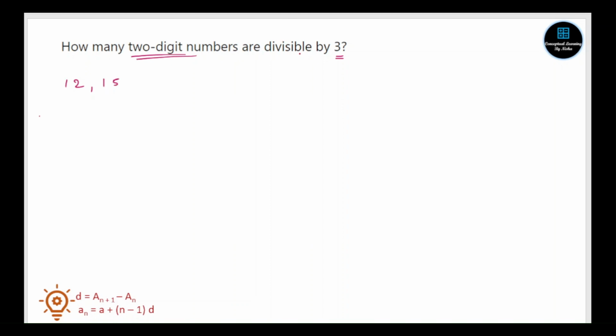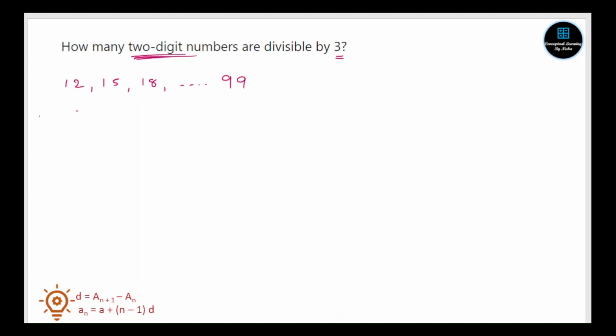Correct? 3 is a single digit, but as we need 2-digit numbers first, I'll start with 12 and keep on adding 3 to get the next number. Now the last 2-digit number which is divisible by 3 is 99. So I have these values and I have to find how many are there, means the number of terms.